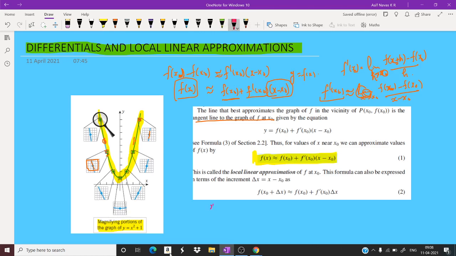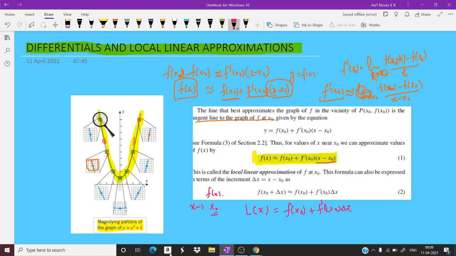So in general, if we want to find any value nearer to x naught for a function f of x, suppose L of x is the value nearer to x naught, then it can be approximated by f of x naught plus f dash of x naught into delta x. What is delta x?